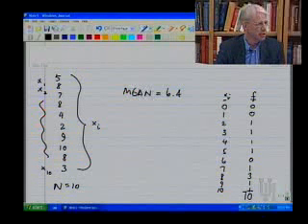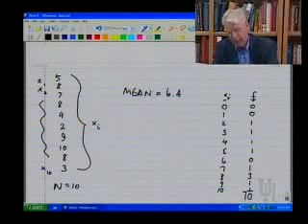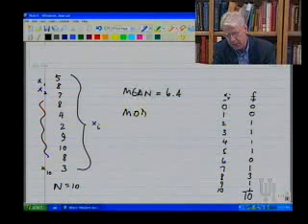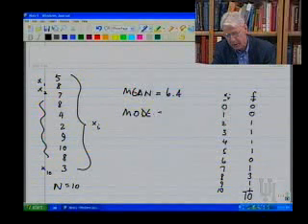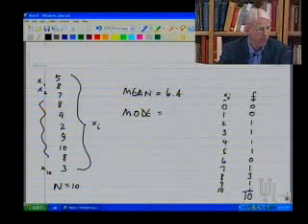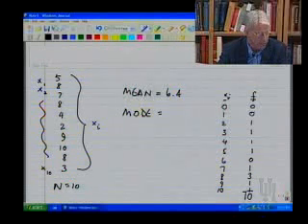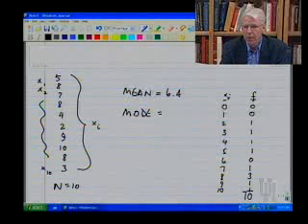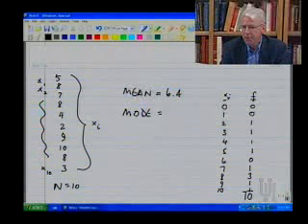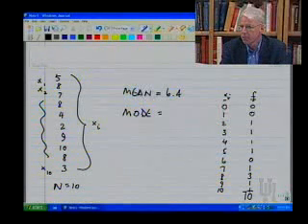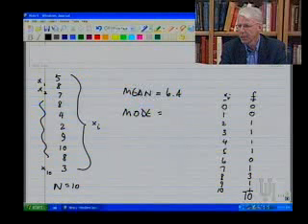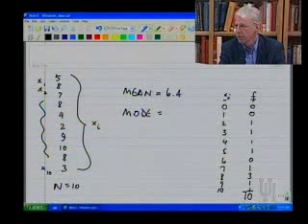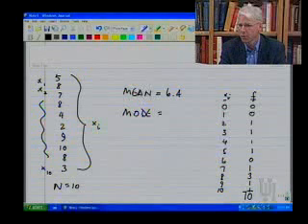A frequency distribution. Let's now think in terms of a second measure of central tendency, the mode. The mode is simply that score that occurs most frequently. Well, let me rephrase that. It's that score or those scores that occur most frequently.